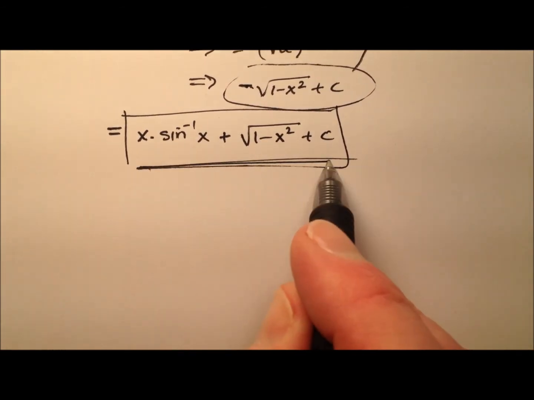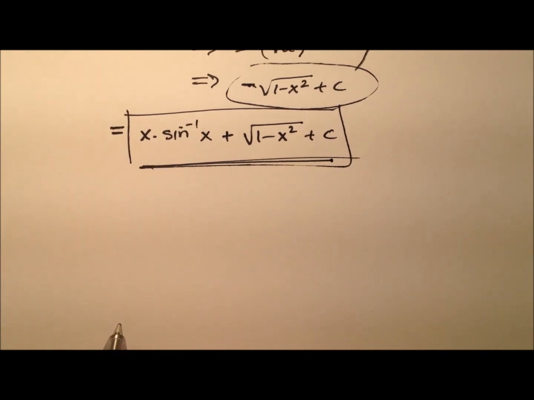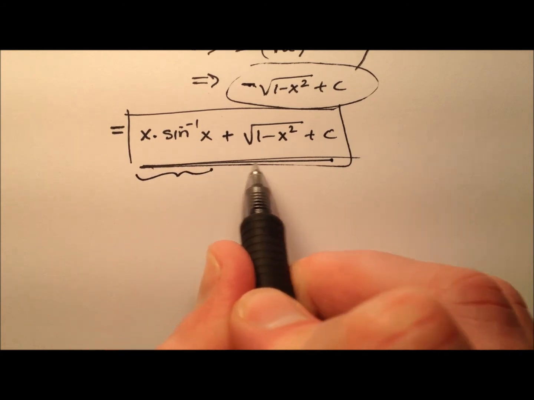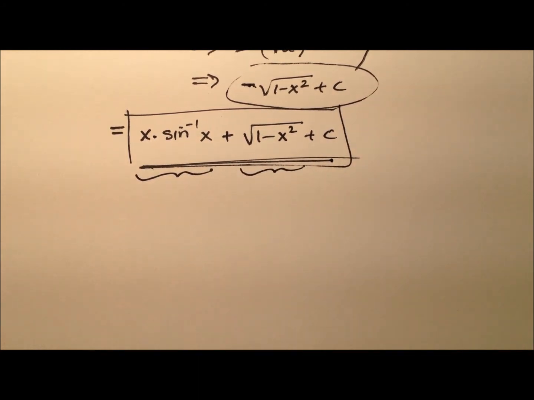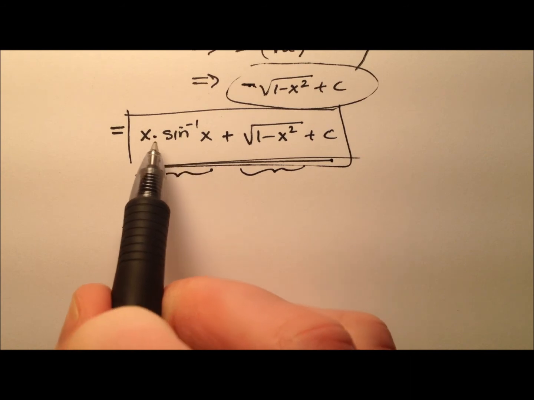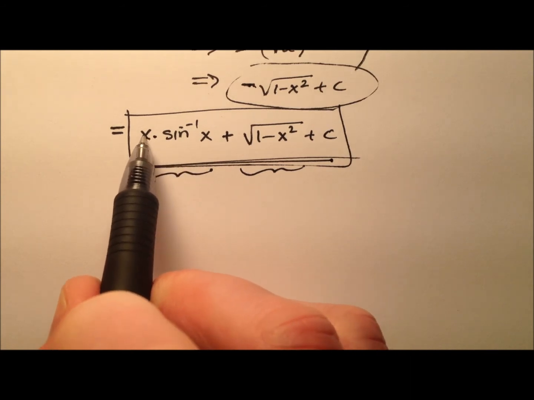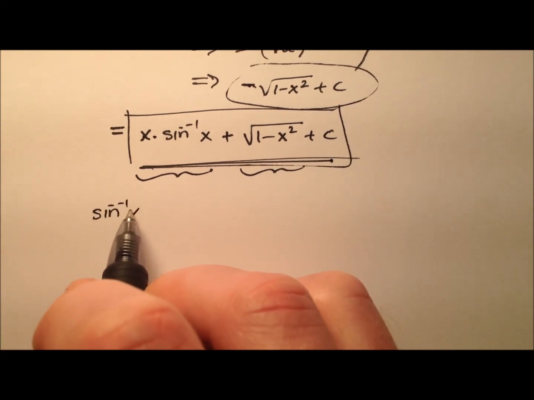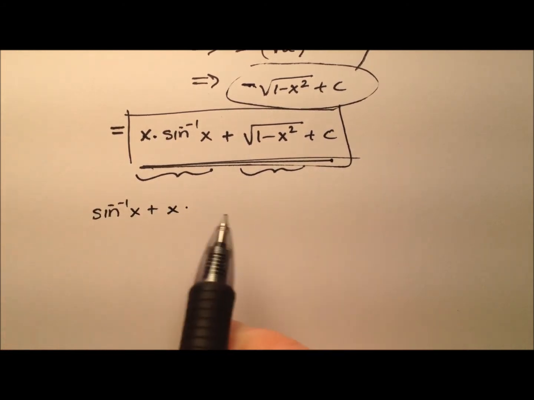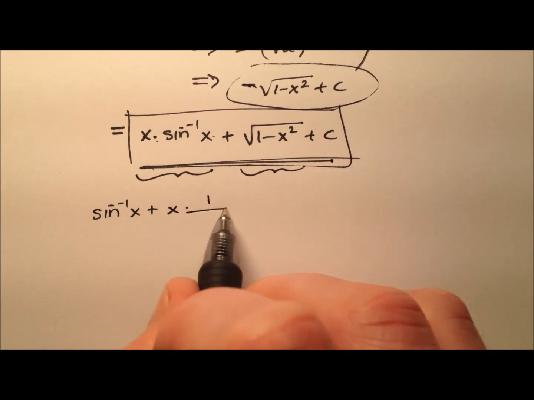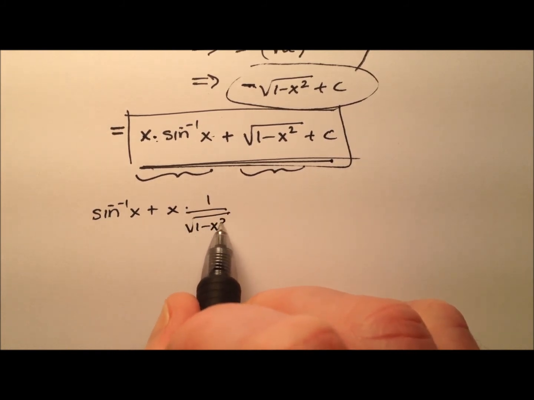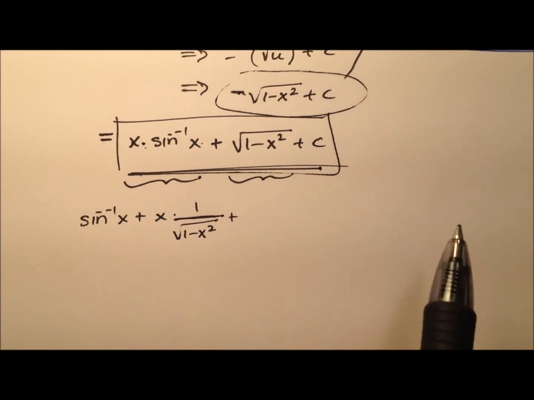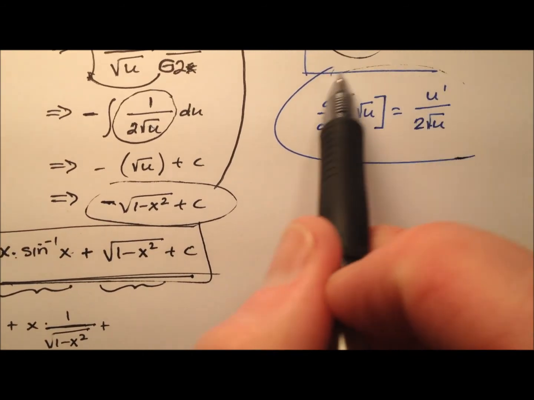And what would be nice to do, let's go ahead and differentiate this just to make sure we've done it correctly. So it looks like I have the product rule here and the chain rule here. So let's go ahead and use the product rule first. The derivative of the first, the derivative of x is just 1, times the second, so inverse sine of x, plus the first times the derivative of the second, so 1 over the square root of 1 minus x squared, plus, and then it's the derivative using the chain rule, but we wrote this rule up here already.